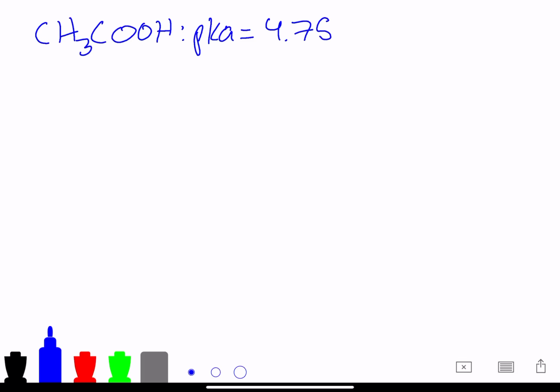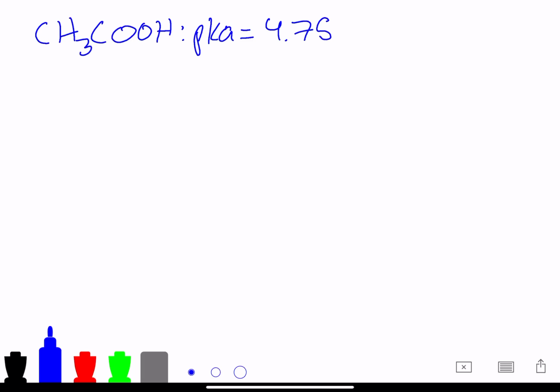If you look at the table in the chapter that has the pKa's of different weak acids, you will find that acetic acid's pKa is equal to 4.75. The conjugate base of this would be minus the hydrogen, add a sodium there, so it would be sodium acetate.